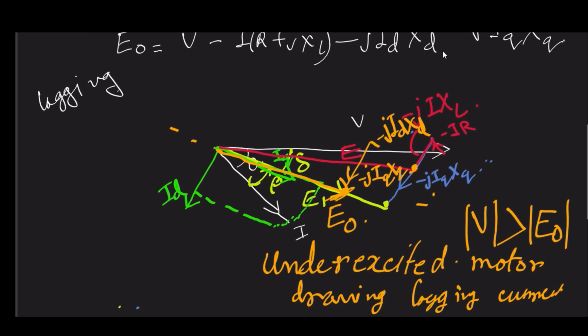So the only change we need to make is that from minus IR we have to draw this line. This was our V. So from the tip of this minus IR, we need to draw minus JIDXD.